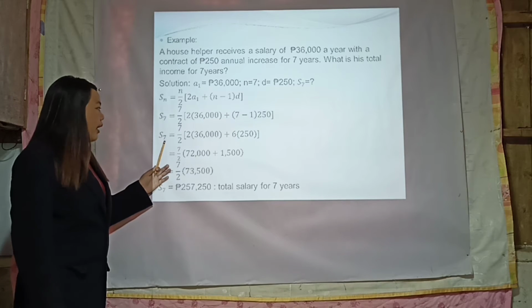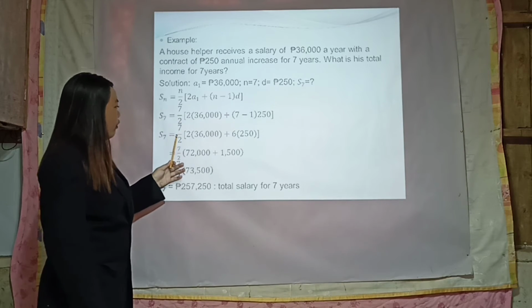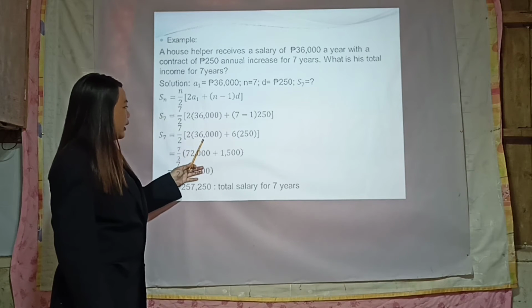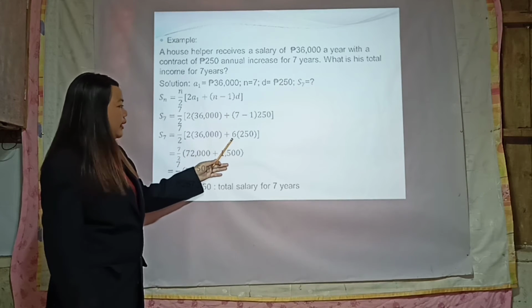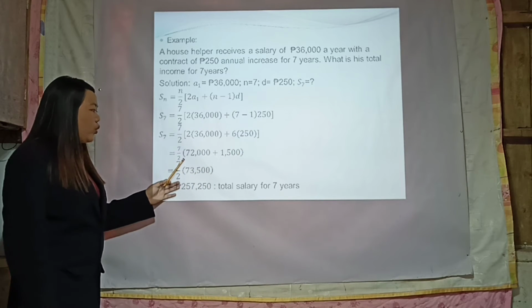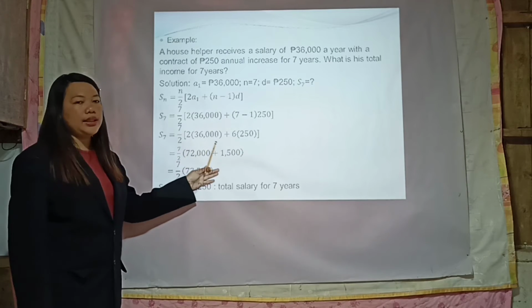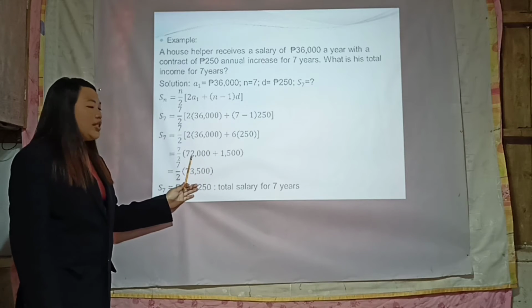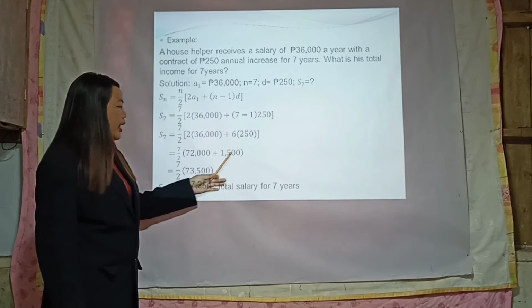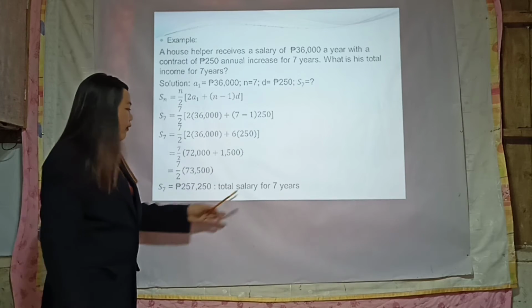So, S sub 7 is equal to 7 over 2 times the quantity 2 times 36,000 plus 6 times 250. So, 2 times 36,000 is equal to 72,000. Then, 6 times 250 is equal to 1,500.